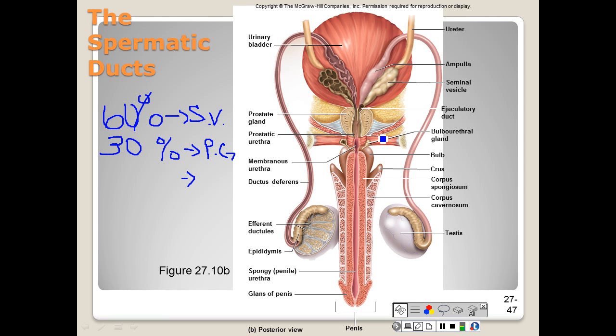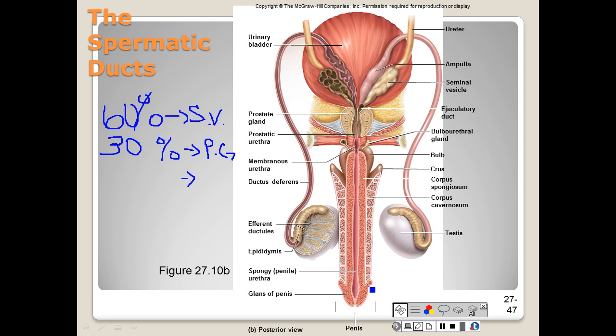They're brownish in color, spherical in shape, and about 1 centimeter in diameter, with a 2.5 centimeter duct into the urethra.